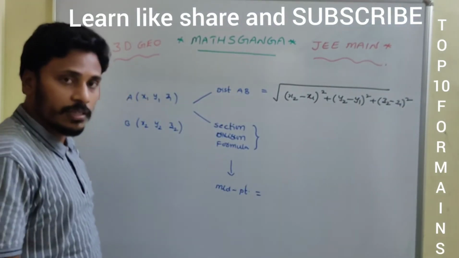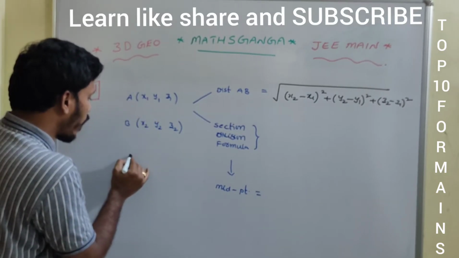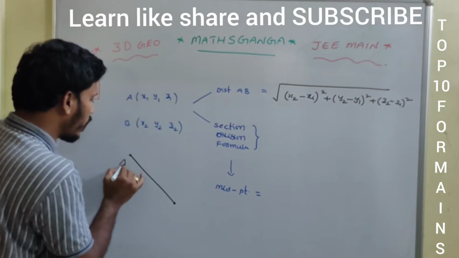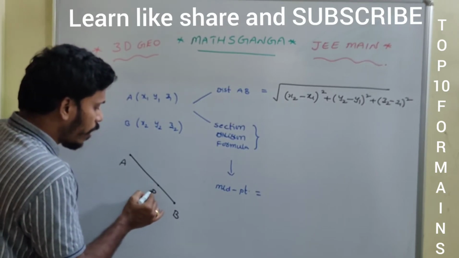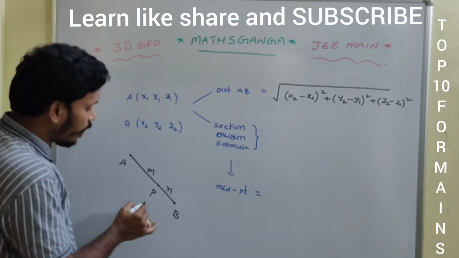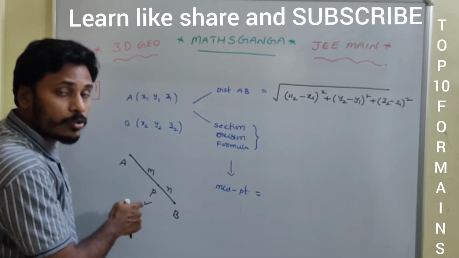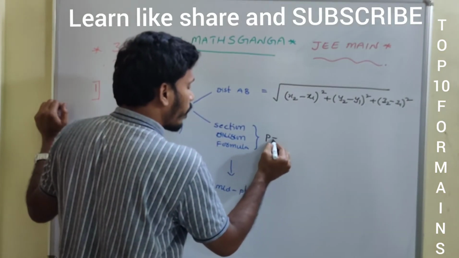Coming to the section division formula: if these 2 points are on a line segment AB, and there is a point P which divides this line segment AB in the ratio m is to n, then the coordinates of the point P are given by the section formula.